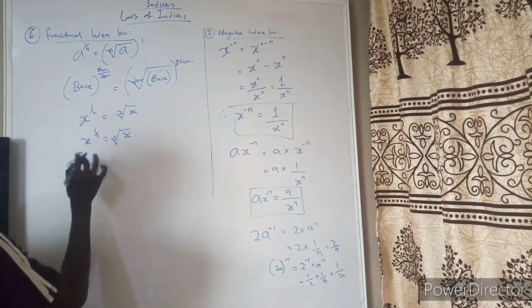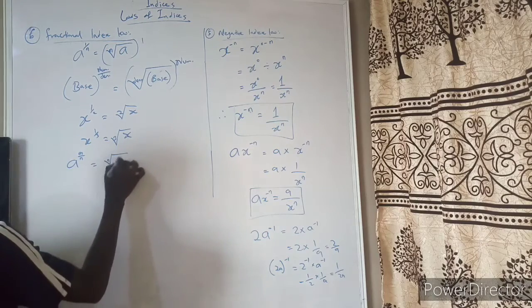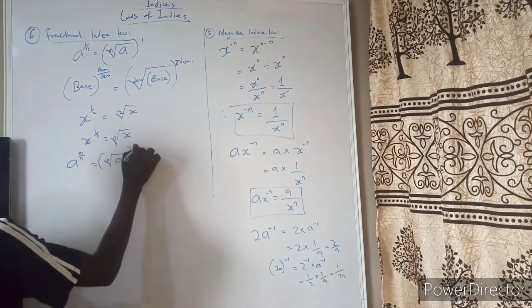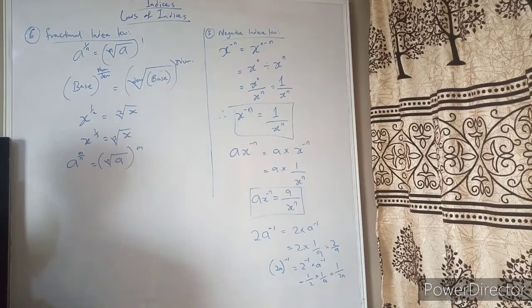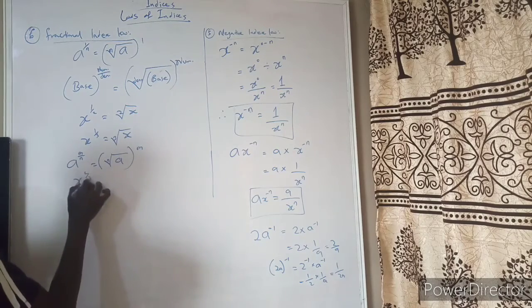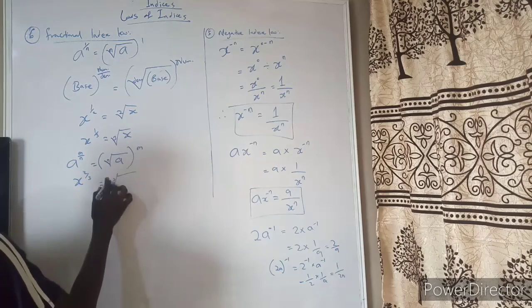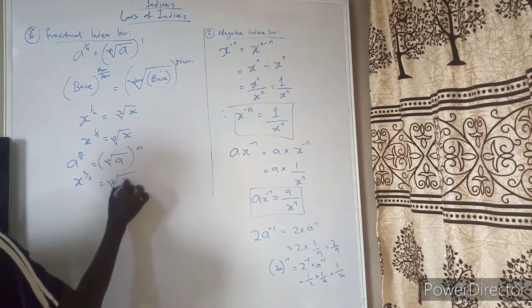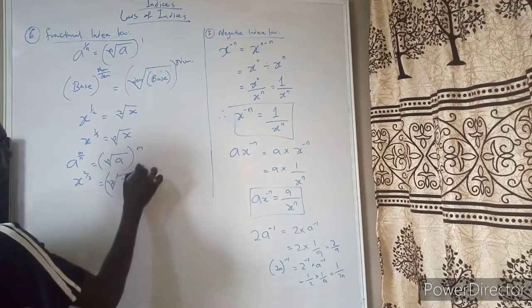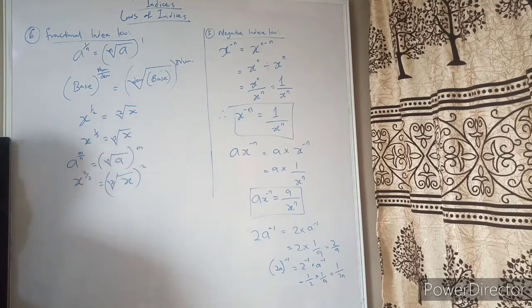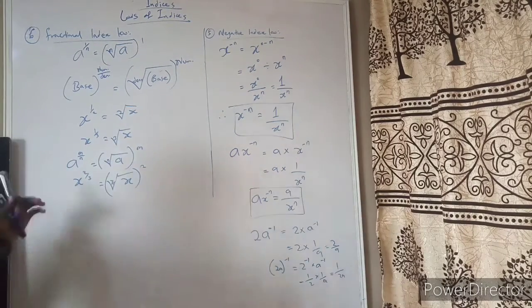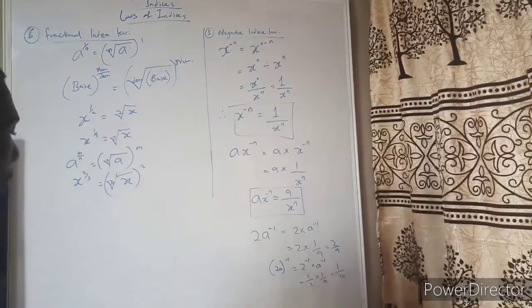You apply the same thing. The denominator is the root, right? a is always raised by the numerator, which is m. So if we are given x raised by 2 over 3, it is equal to the cube root of x, everything all squared. So that's just that about the fractional index law.